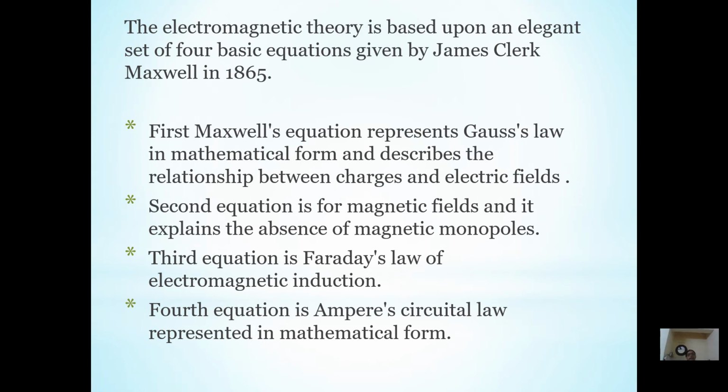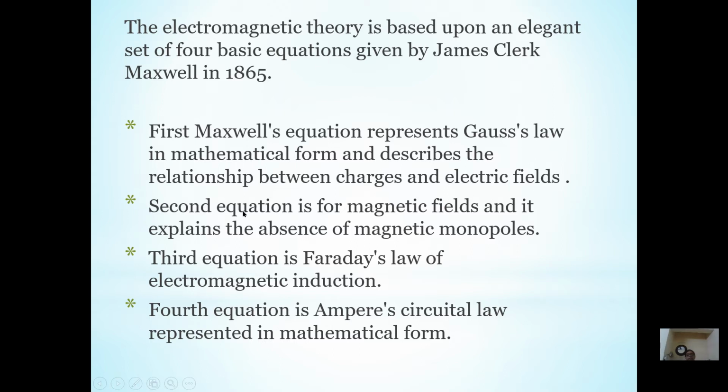In the electromagnetic theory, James Clerk Maxwell put forward four equations, which explained it mathematically. They are, first, Maxwell's equation which represents Gauss law in mathematical form and describes the relationship between charges and electric fields.